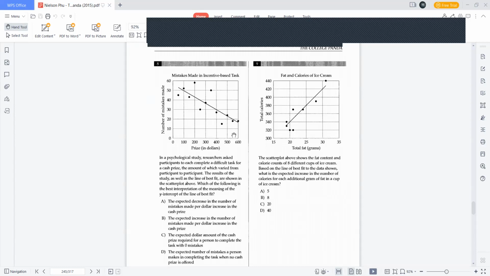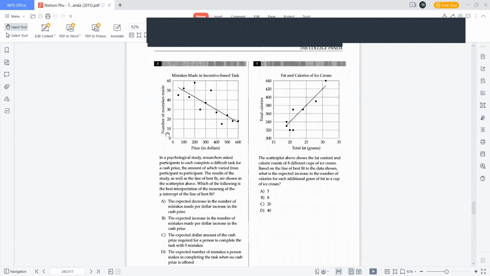Okay, is the y-intercept down here, or is it up here? Up to the top, sir. Okay, it's up here, right? So up here, what price? What mistake number is it heading towards, or what price is it heading towards?